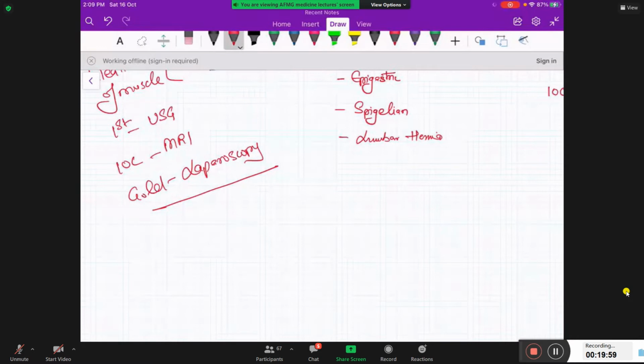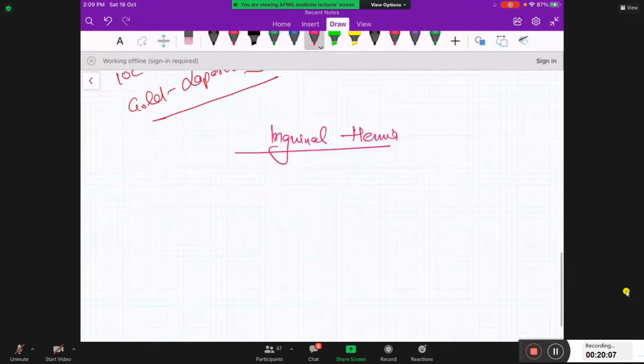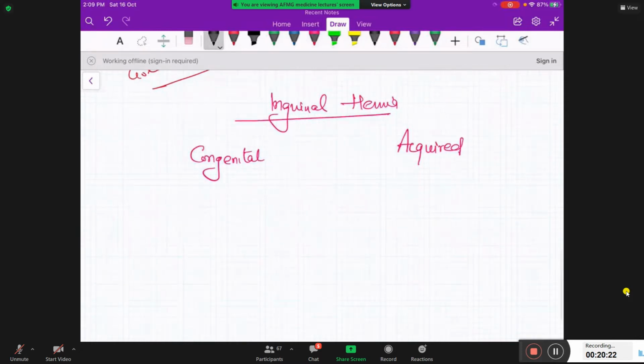Now coming on to inguinal hernia. Let us talk about inguinal hernia now. Inguinal hernia can be congenital, can be acquired. Which is more common?